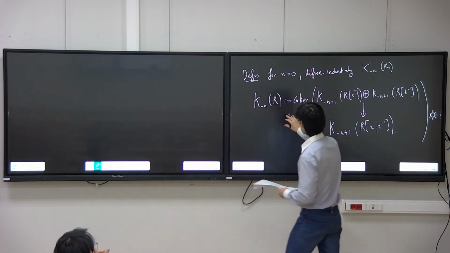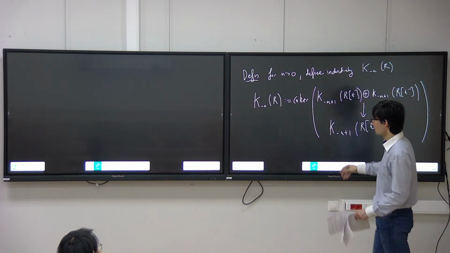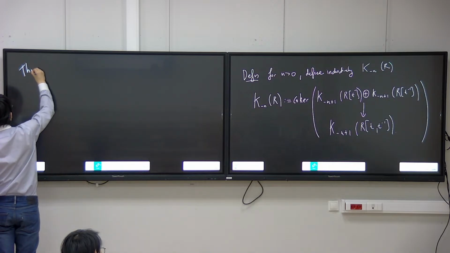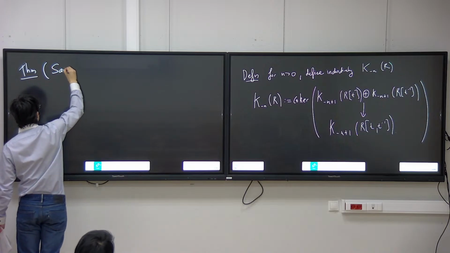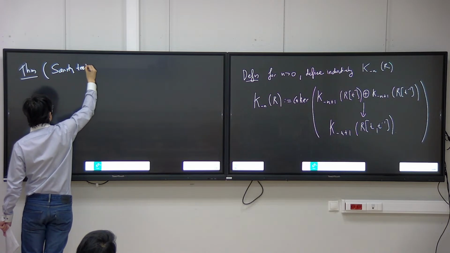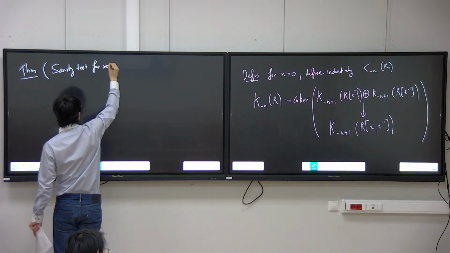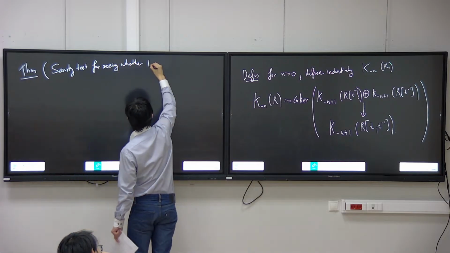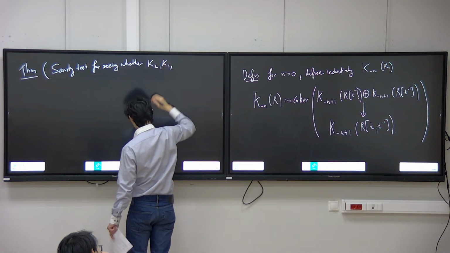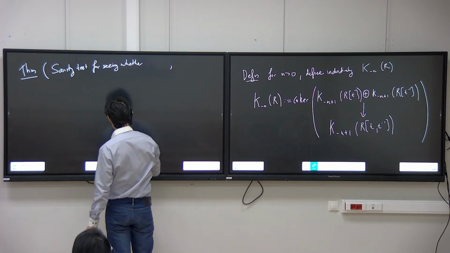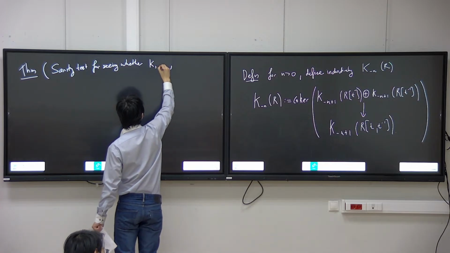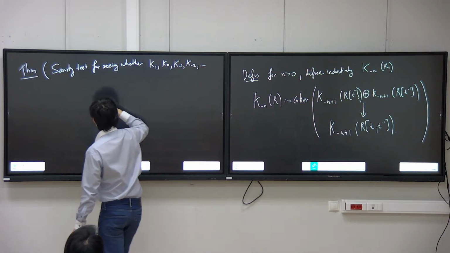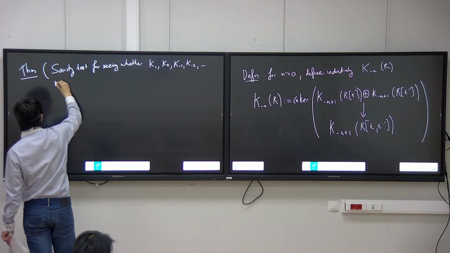In any case, with this definition of negative K theory, we get a theorem, a sanity test for seeing whether what we've defined so far, so K1, K0, K minus 1, K minus 2, and so on, makes sense.